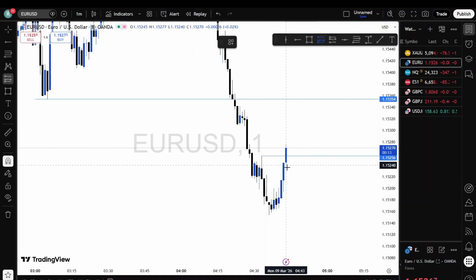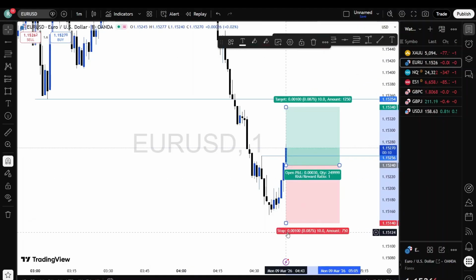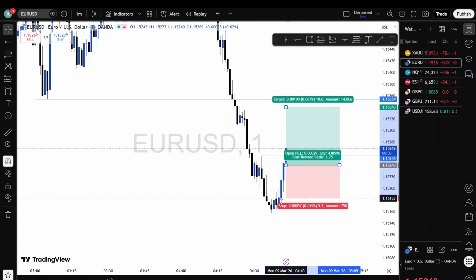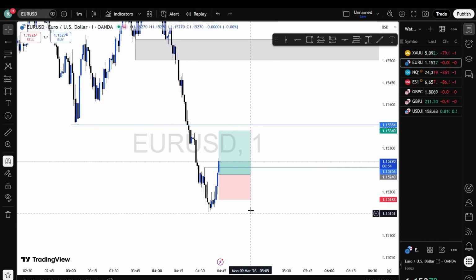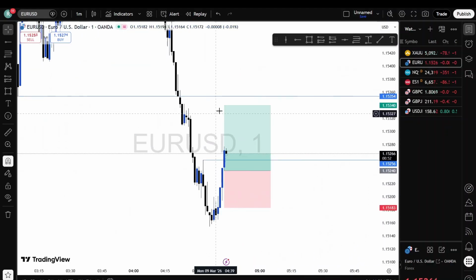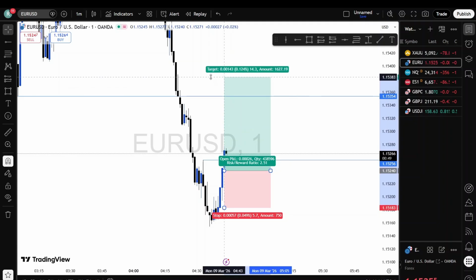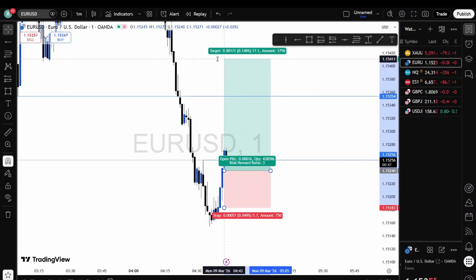So we can plan our trade, only enter at the FVG, and the SL we can put at the first candle here. Okay, it's created. Now let's see if we get tapped or not in EURUSD. Okay, so this is our trade, and the TP is 1:3.